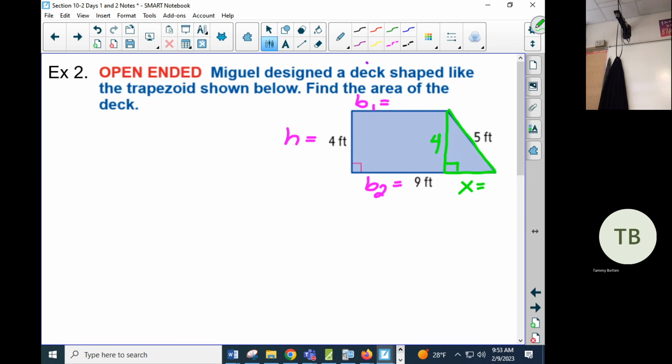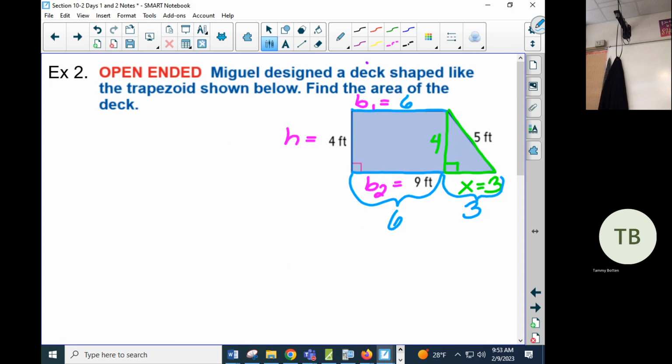So this is 3. Okay, now think about this. If this is 3, what would this have to be for the whole thing to be 9? 6, right? And if this is 6, do you guys get this would be 6?